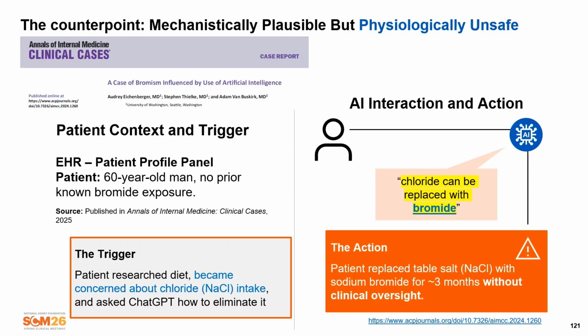This patient saw us and, of course, limited salt. The patient looked into ChatGPT by himself, a real case, and asked if anything can replace chloride because sodium chloride is bad. It said you can have bromide, okay?